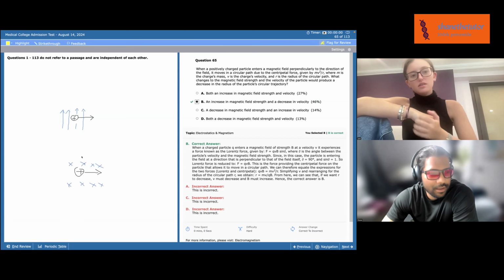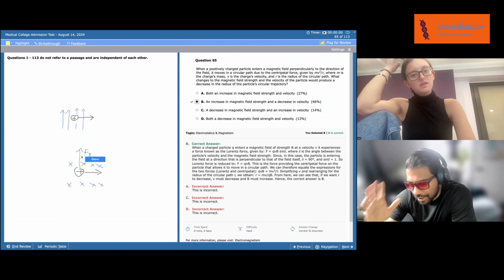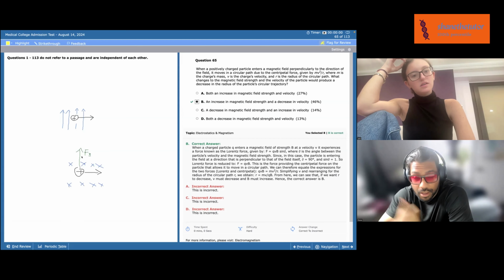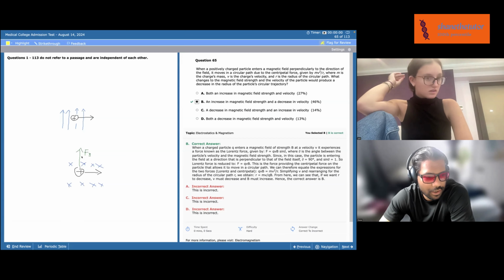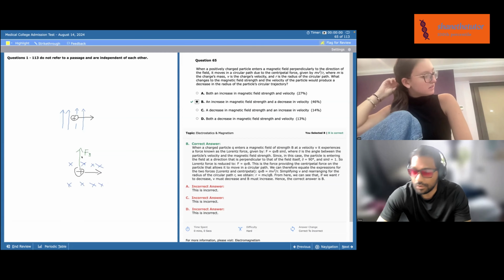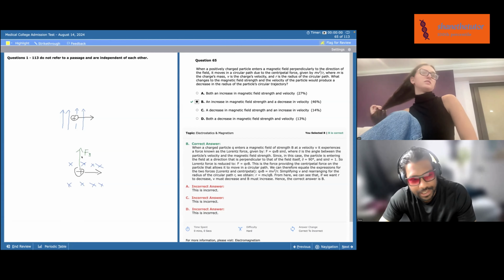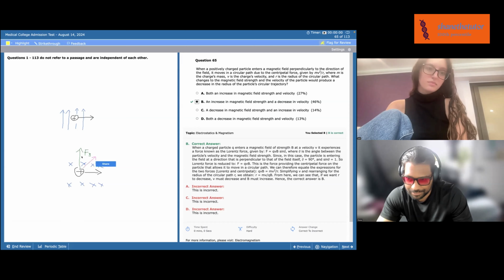So that means there's a magnetic force going up, right? And so I'm going to use pink here. Since this is traveling to the right and the force, which causes an acceleration, is up, it'll go in this direction, right? Diagonally.